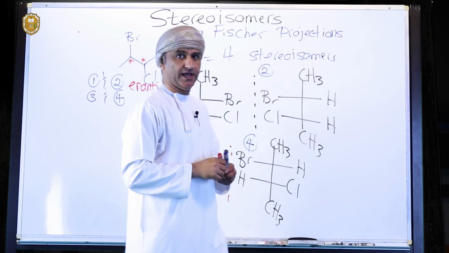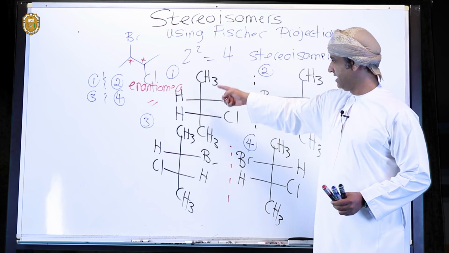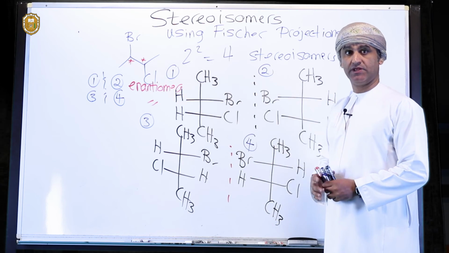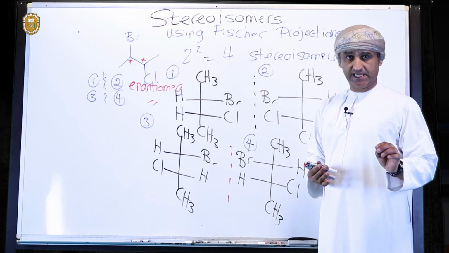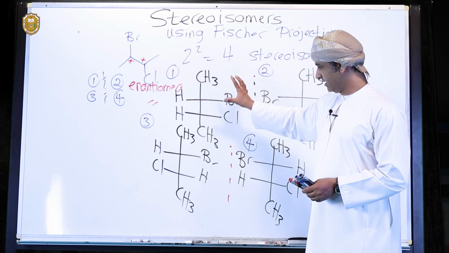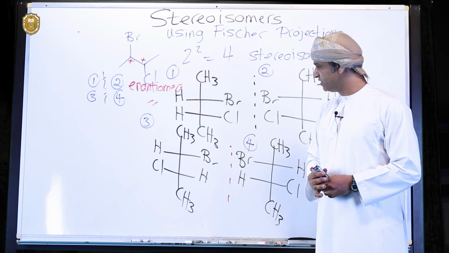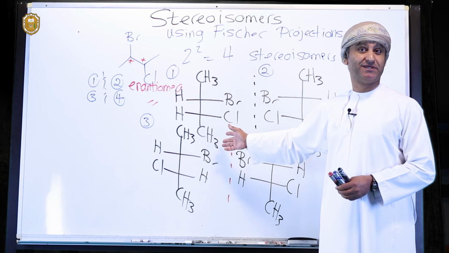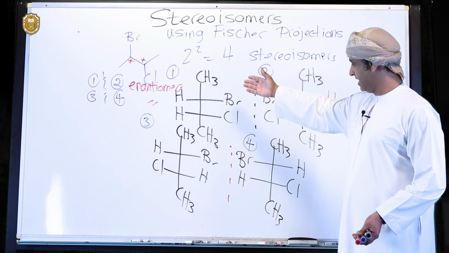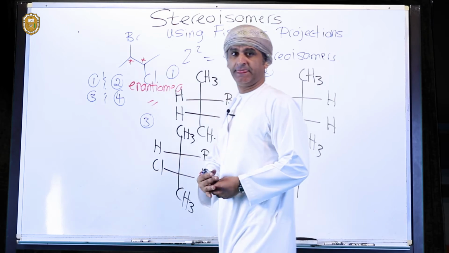As you might predict, the stereochemical relationship between 1 and 3, 1 and 4, 2 and 3, and 2 and 4 is that they are diastereomers, because they are non-mirror images. If you look at 1 and 3, clearly they are not mirror images, so obviously they are not enantiomers. The same applies to the relationship between 1 and 4, 2 and 3, and 2 and 4.